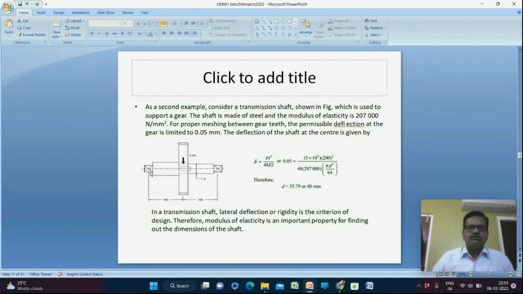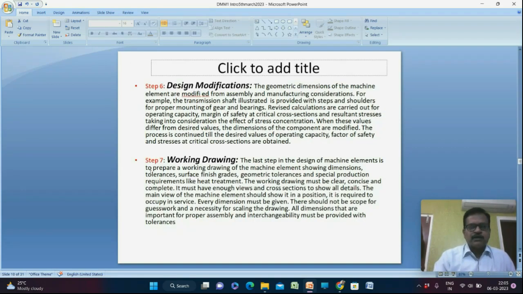When it is subjected to stress concentration, the stress at those points will become very high, and it must be taken into consideration. So if the failure is going to happen at that place, we need to modify the dimensions. These are the modifications of the design at the time of assembly and manufacturing.